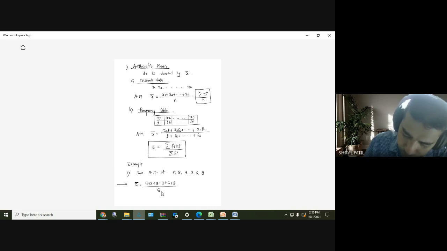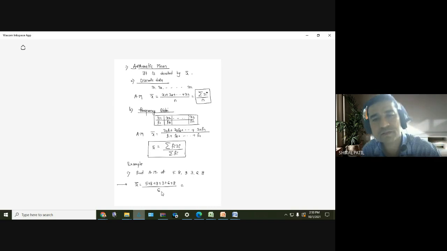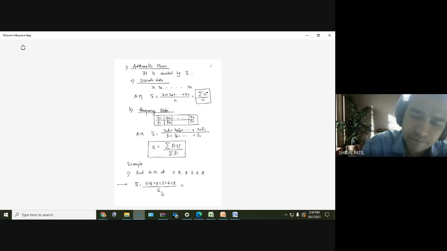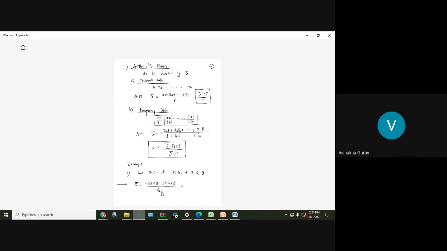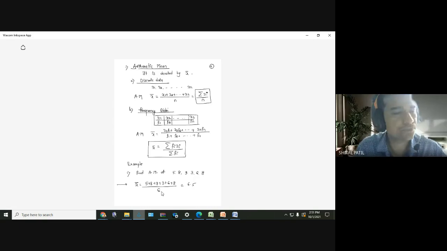How many observations? 6. Yes. What the answer is? Anyone? Simple example. Again, all these are warm-up examples. 6.5. Okay. Great. Chalo. Next.